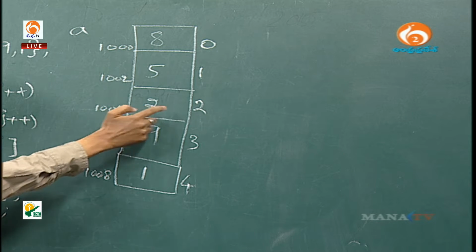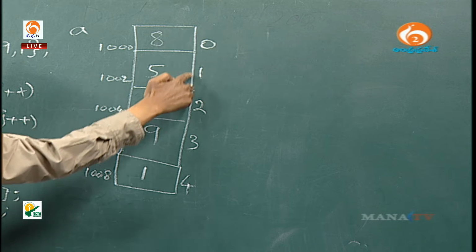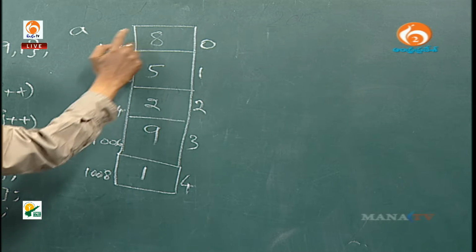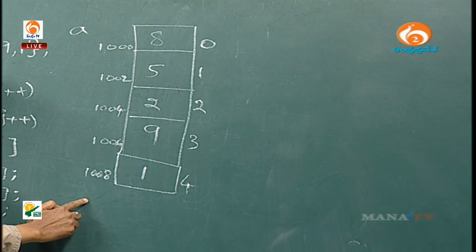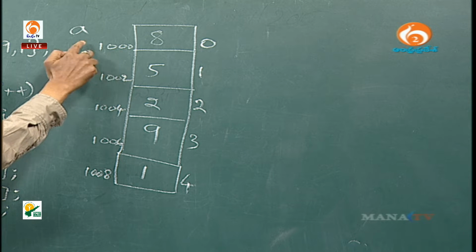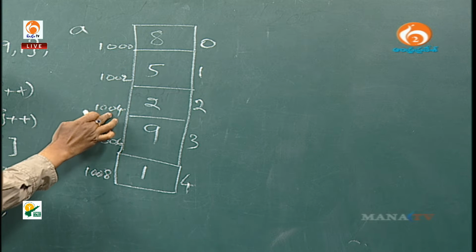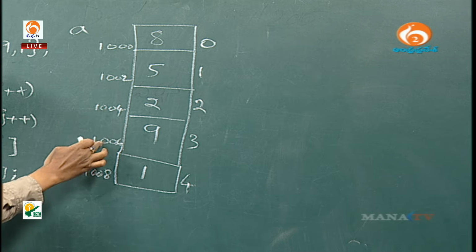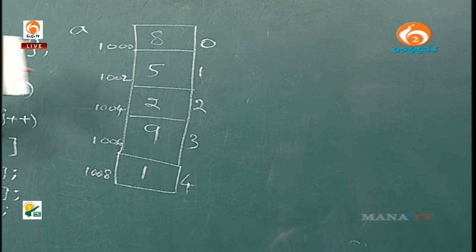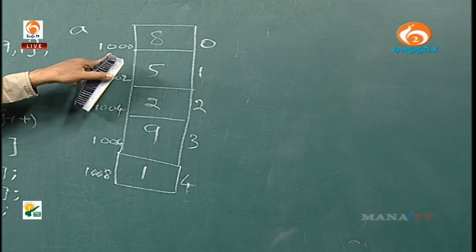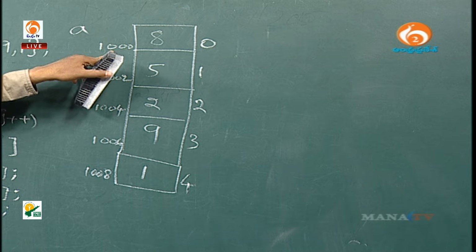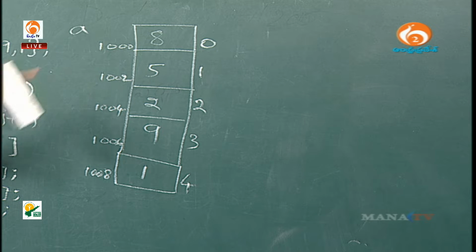To access these we use a[0], a[1], a[2]; these are the indexes. A means here 1000, next one is a plus 1, a plus 2, a plus 3 and so on. The starting address is called the base address in an array.